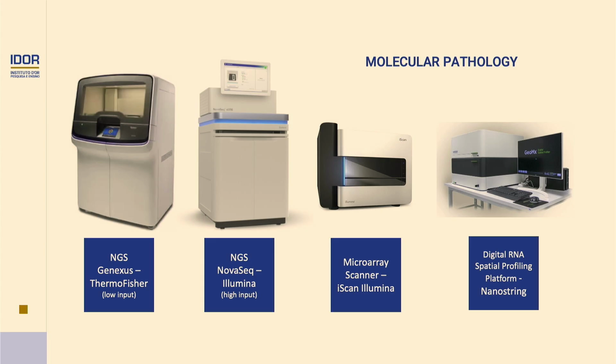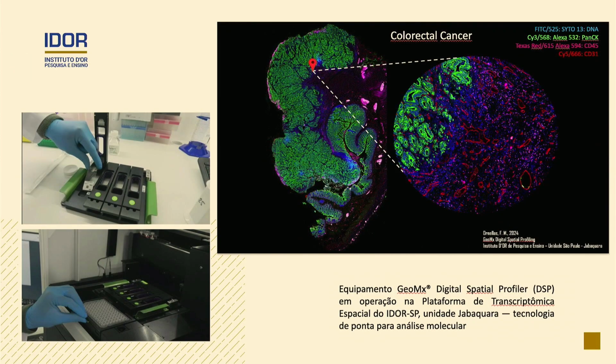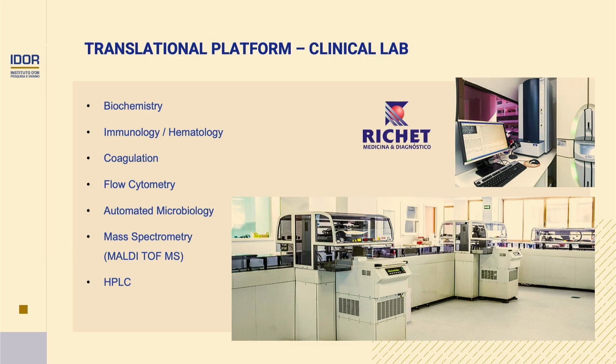We do have also a molecular pathology lab with all those equipments that you are probably familiar with. This one is actually a nanostream. Because we have a lot of patients and samples, this is one example of the research that the biologists are doing with the pathologists in the lab as well.